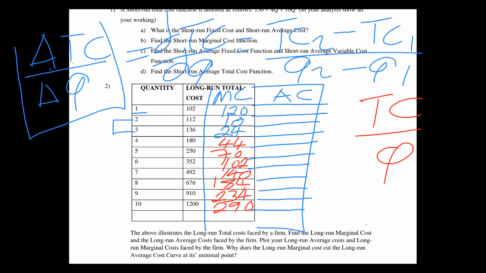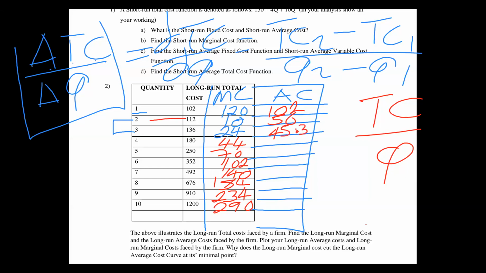So 102 divided by 1 shall be 102, isn't it? And 112 divided by 2 is what? 56. So 136 divided by 3 can give us how much? 45.33.